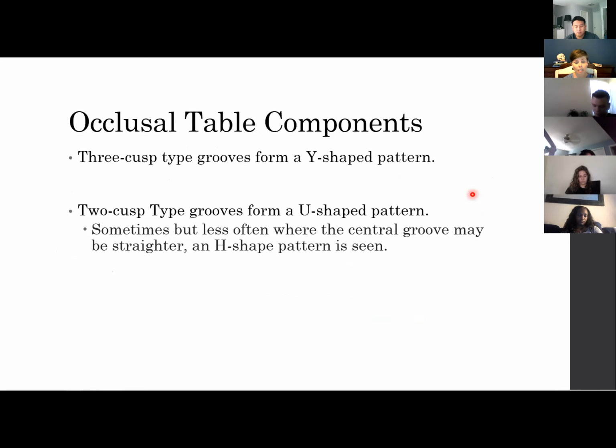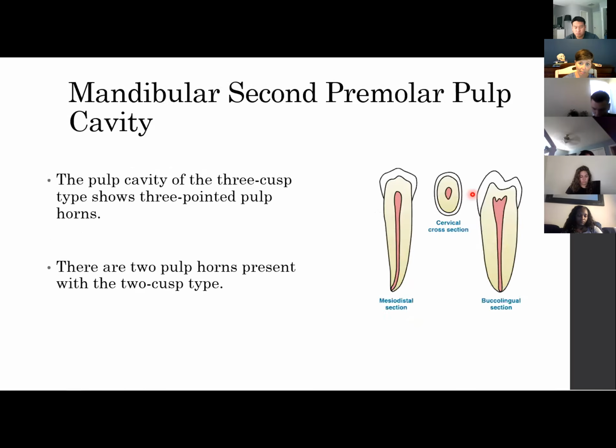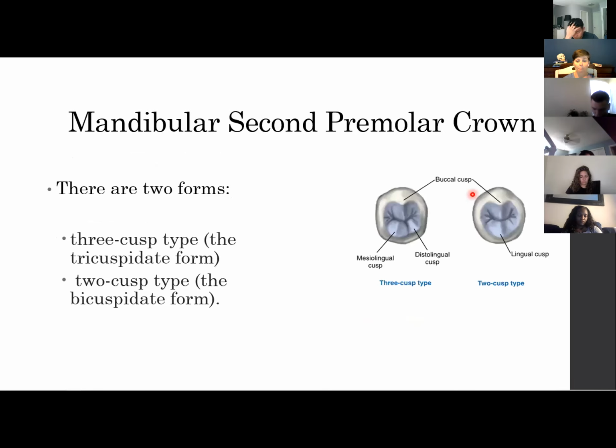Okay, so the three cusp type grooves form a Y pattern, and remember the two cusp make a U pattern, or sometimes, but less often, if the central groove is straighter, it looks more like an H. So I'm going to jump back to that other picture where we could see the two cusps. And here is your Y, your three cusp, right?